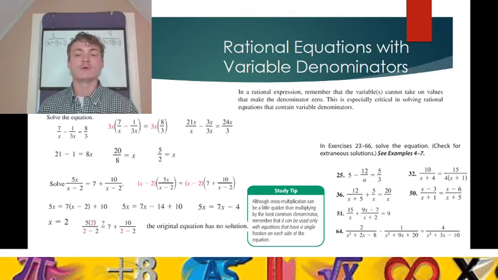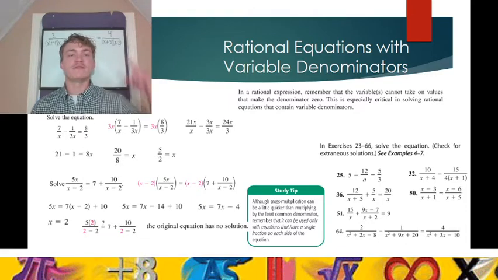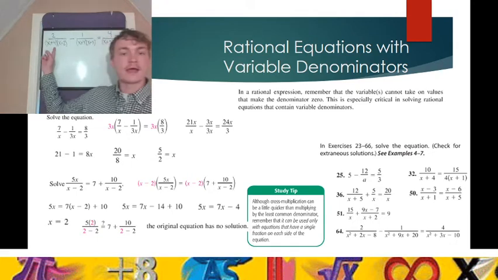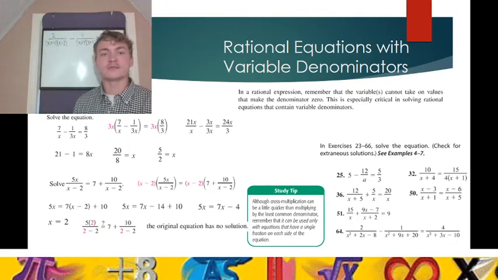For number 64, two numbers that multiply to give us -8 and add to give us +2 are +4 and -2. Thus, the factored binomials are x plus 4 multiply x minus 2 for our first rational expression.